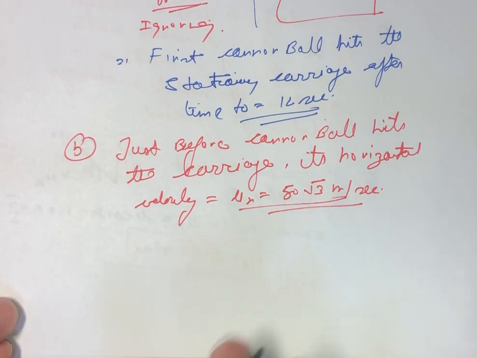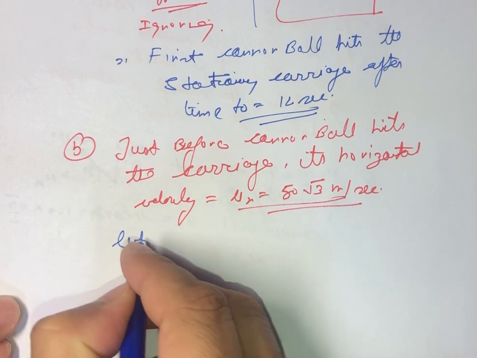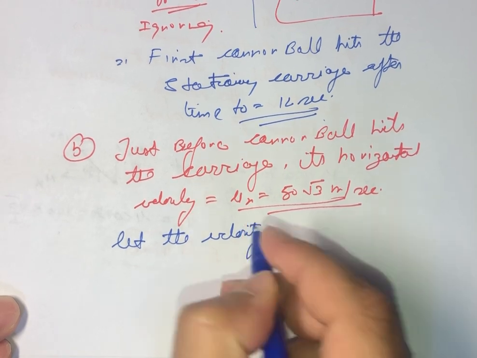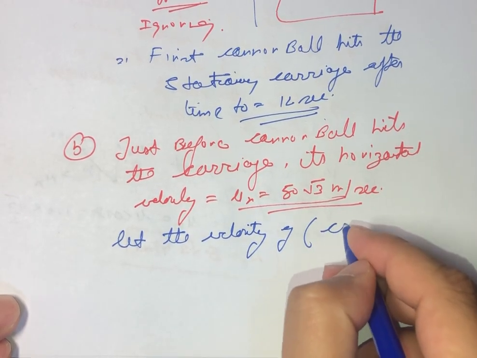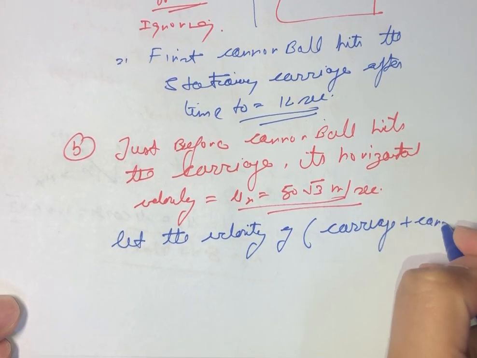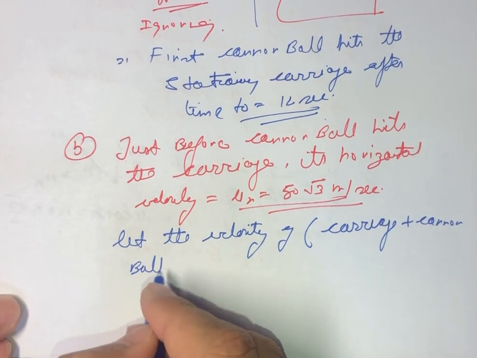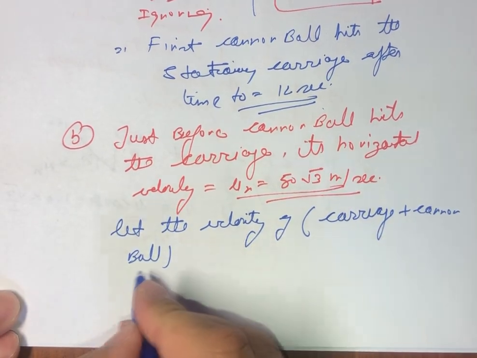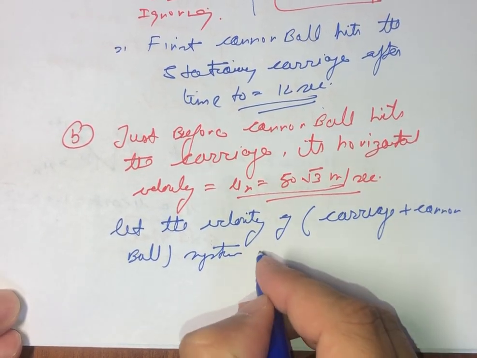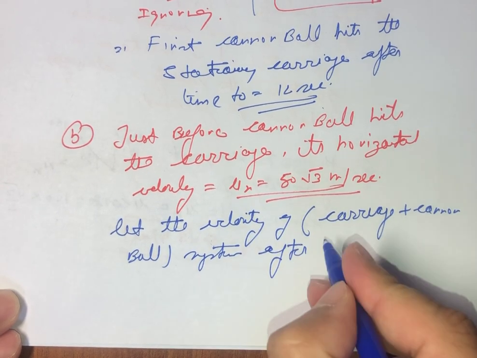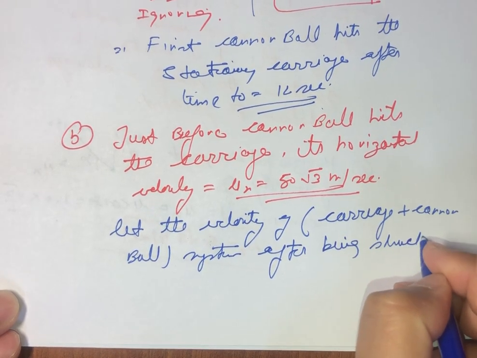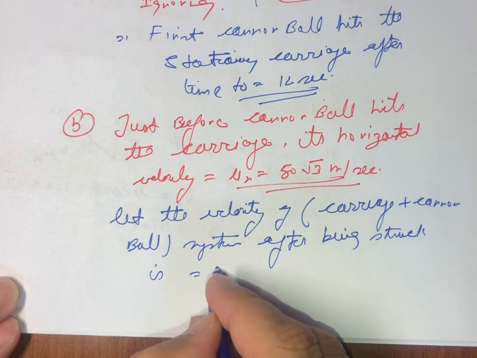So let the velocity of the carriage plus cannonball system after being struck be V2.